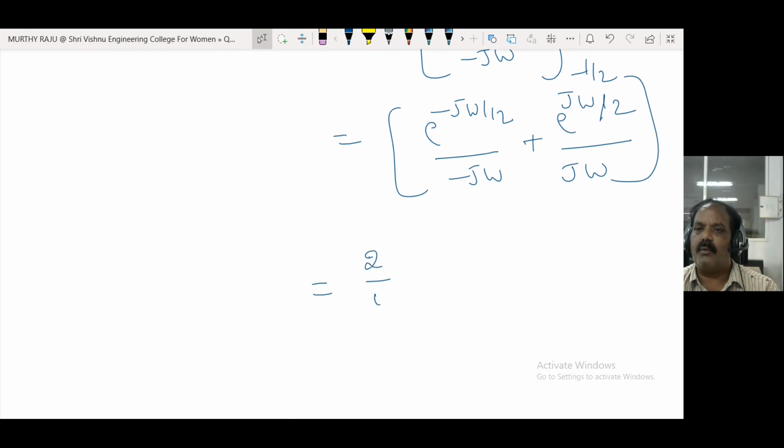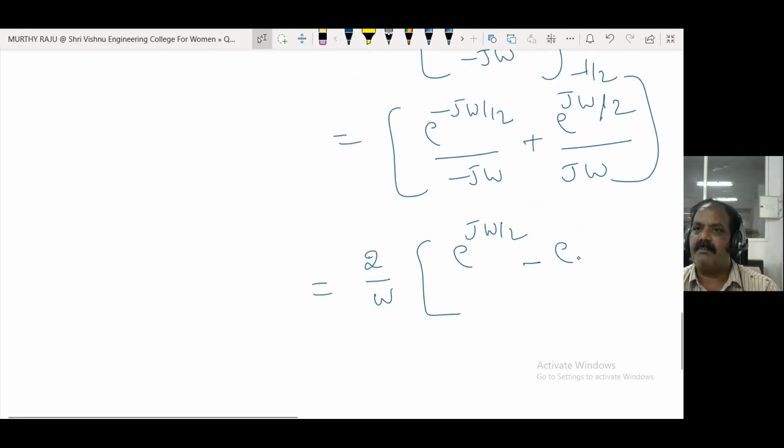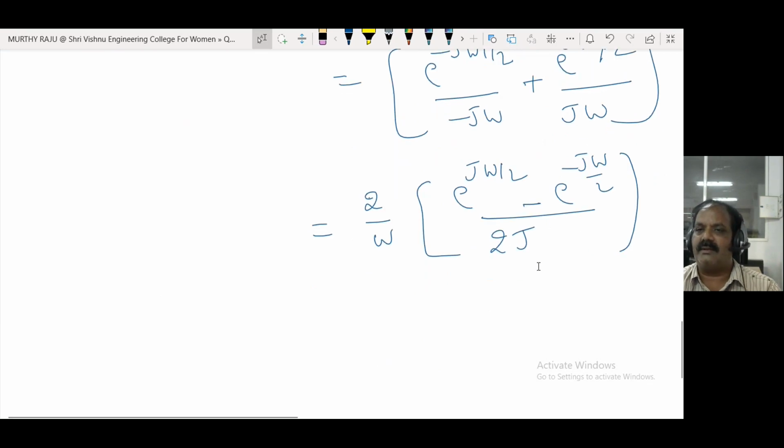Here, 2 by omega, e power j omega by 2 minus e power minus j omega by 2, divided by 2j. Omega is brought outside, and 2 is multiplied in the numerator and denominator. Therefore, it is 2 by omega sine omega by 2.